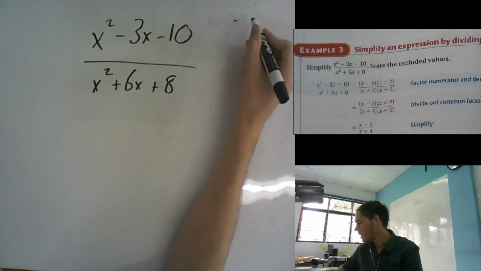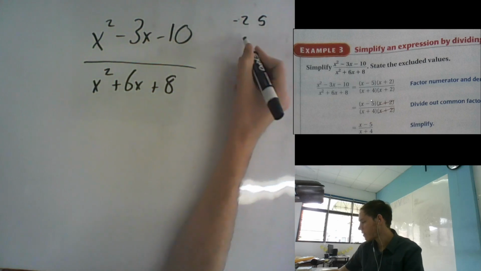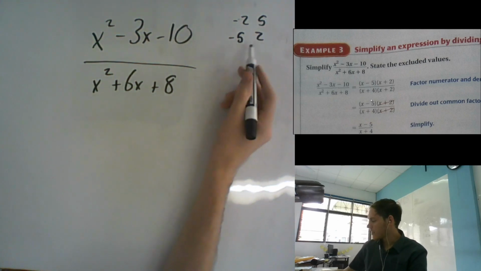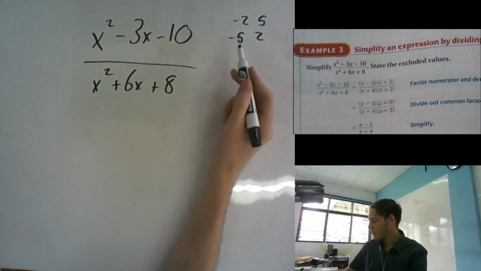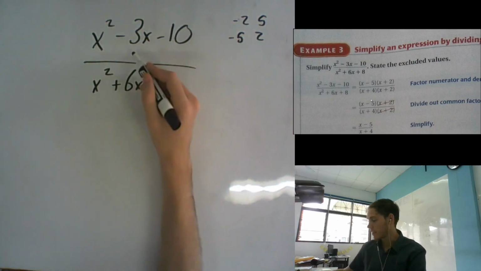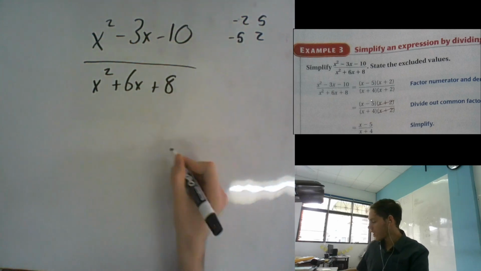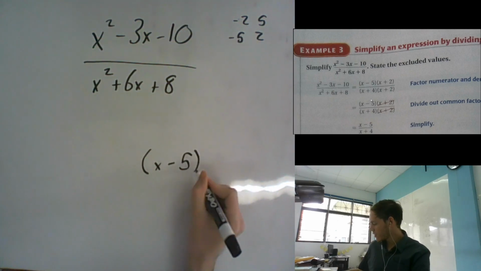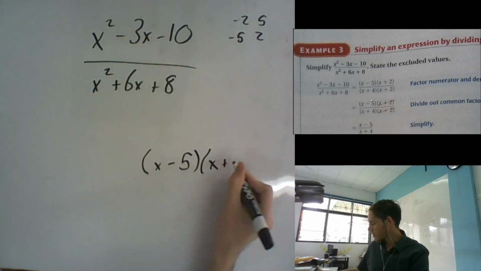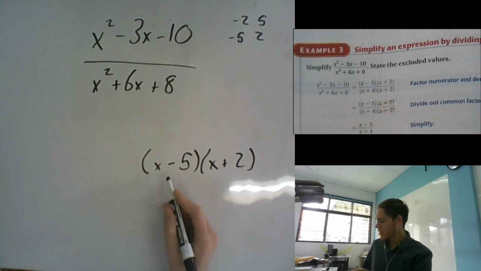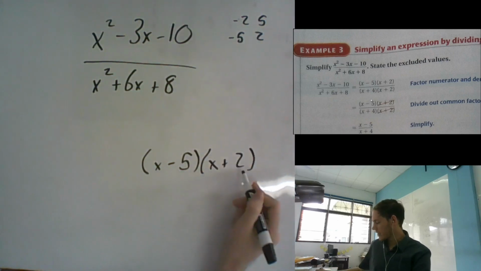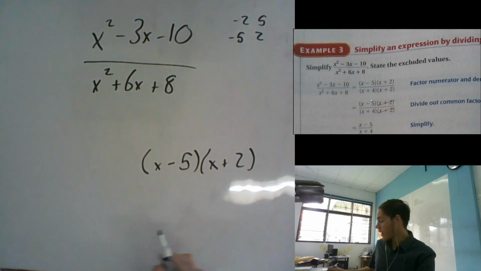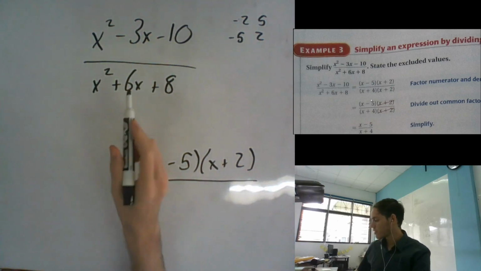Well, that would be negative 5 and 2, and negative 5 plus 2 is negative 3. So the top becomes x minus 5 times x plus 2. The reason we can just put these numbers in at the end is because we have a 1 right here. If it was different, we would have to do something else.